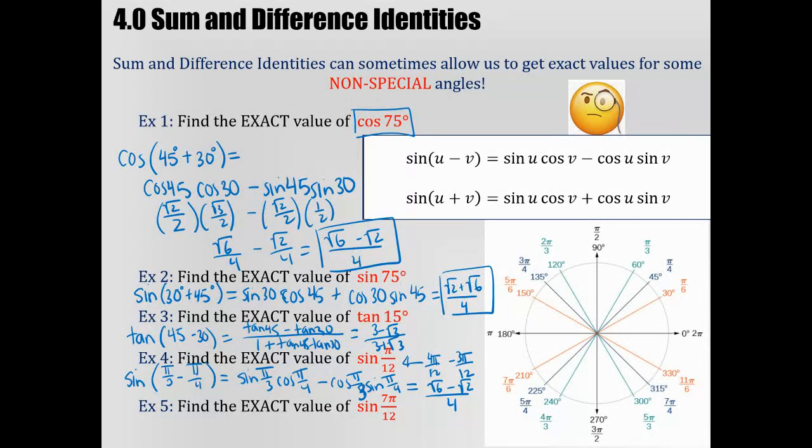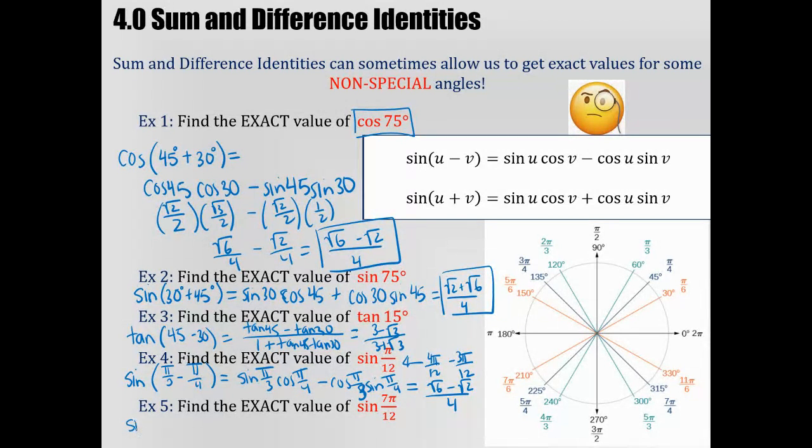And finally, down here for my last example, 7 pi over 12. There are a lot of different ways I can do this one. I'm going to do 3 pi over 4 minus pi over 6.